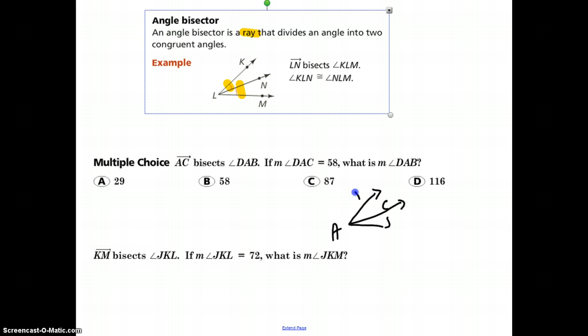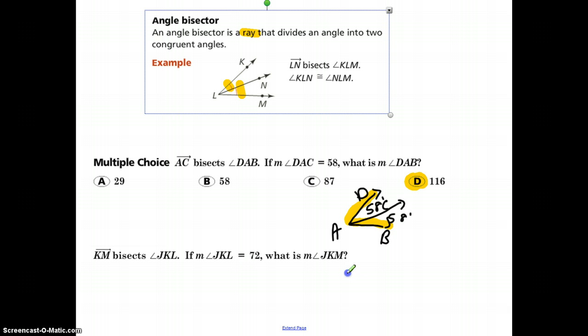And my big angle is angle DAB. And I know the measure of angle DAC here is 58 degrees. And my question is, what is the measure for angle DAB? Well, since this is a bisector, I also know that this angle is 58 degrees. And using your angle addition postulate, 58 plus 58 is 116.